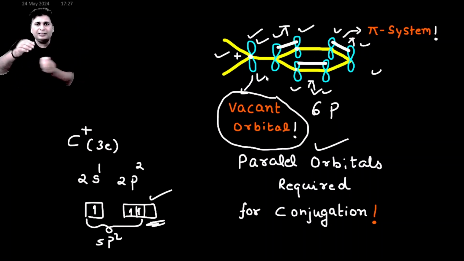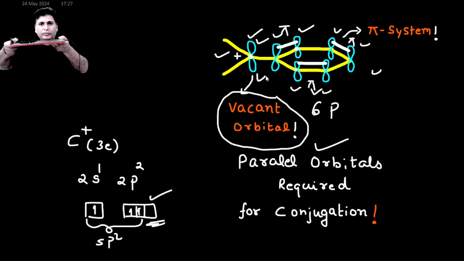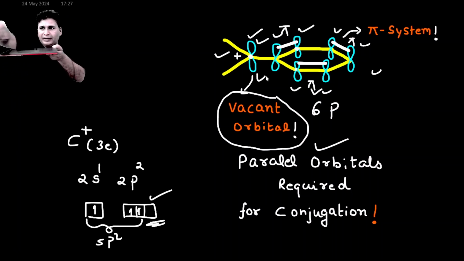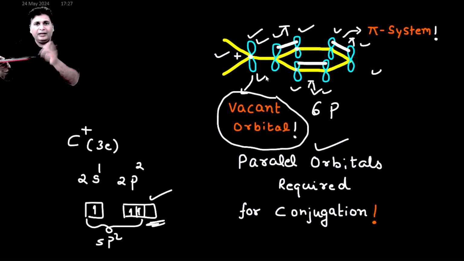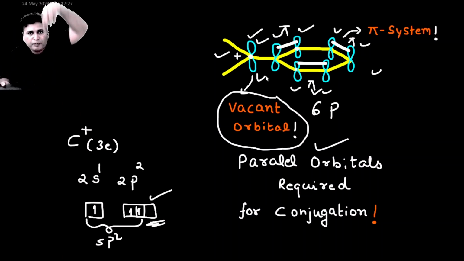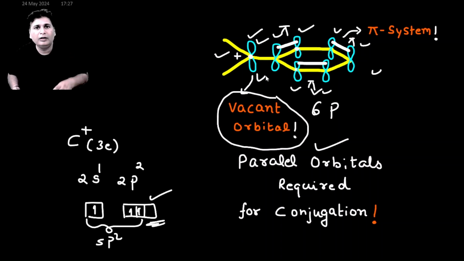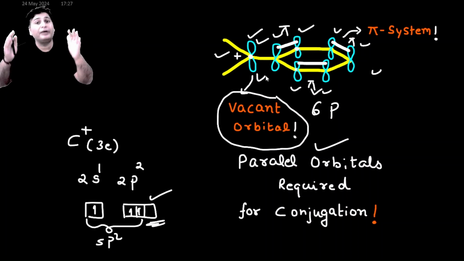So if you imagine this is a benzene ring, it will have 6 p orbitals like this, and the carbocation here also gets its p orbital parallel to the 6 p orbitals of the pi system. And if it is possible, there is a conjugation, there is a possibility of resonance.